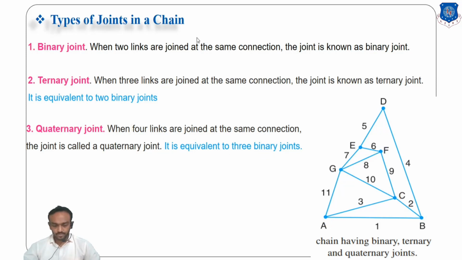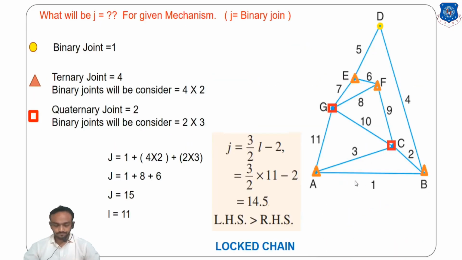Okay, so we will find which type of chain this is. Let's count. First of all, there is only one binary joint here, and all the others are ternary or quaternary.